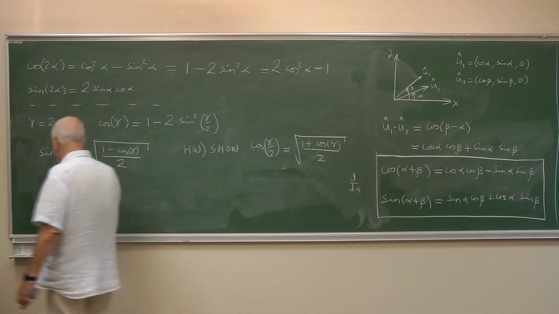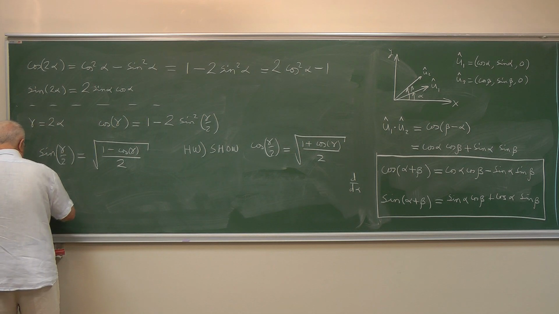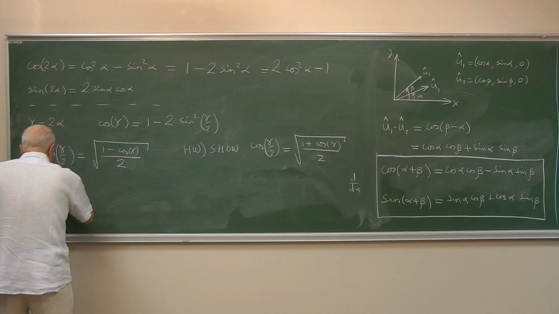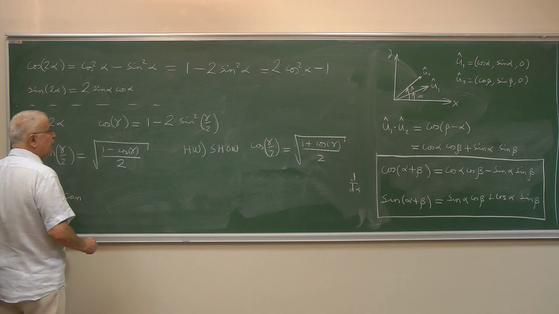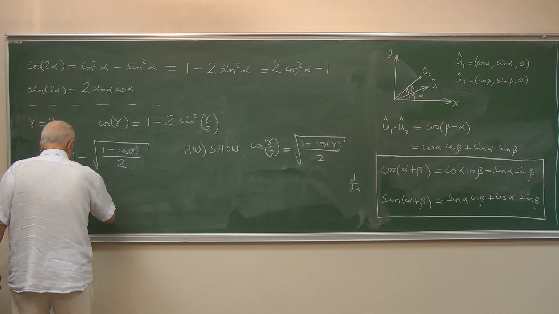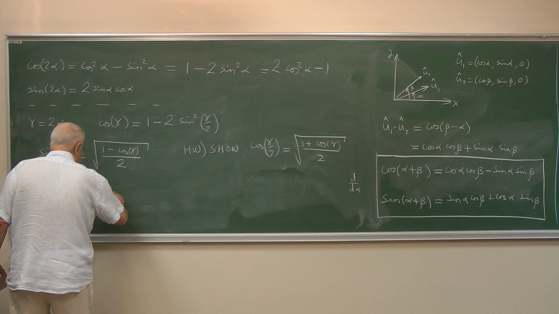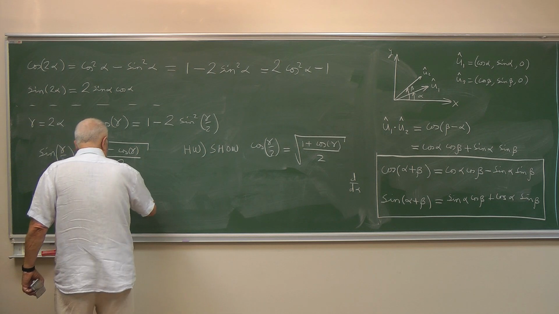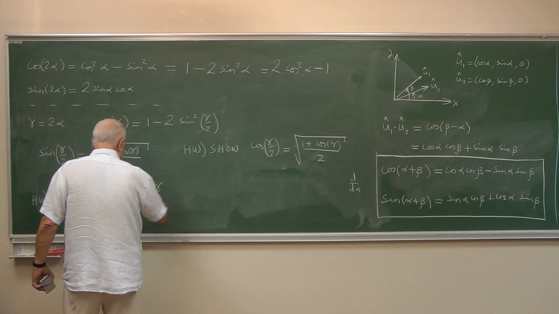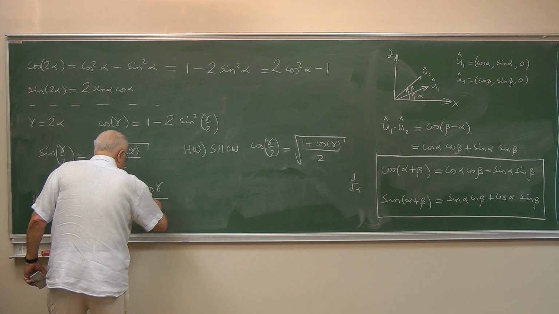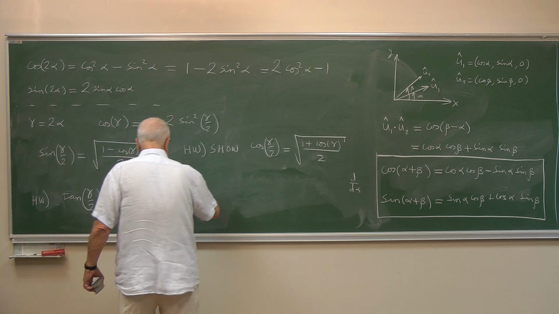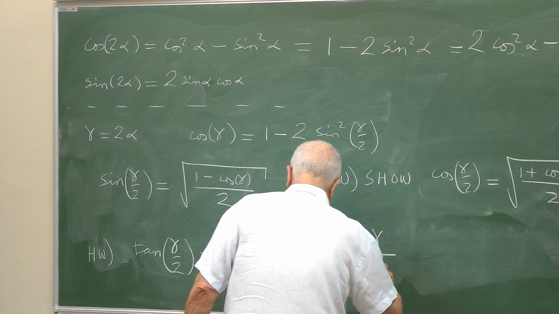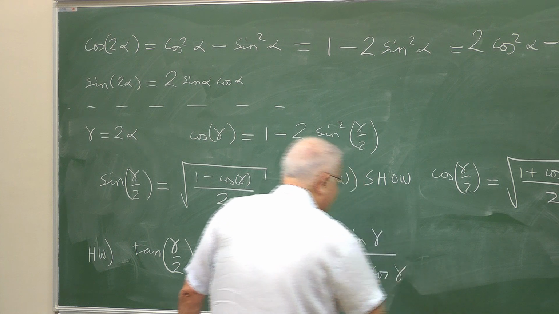Another interesting homework is tangent gamma over 2 will equal to this. So one can show that this is 1 minus cosine gamma over sine gamma, or sine gamma over 1 plus cosine gamma.